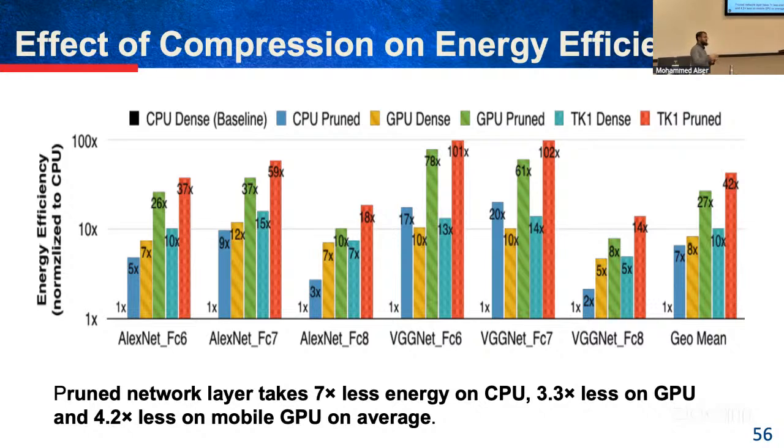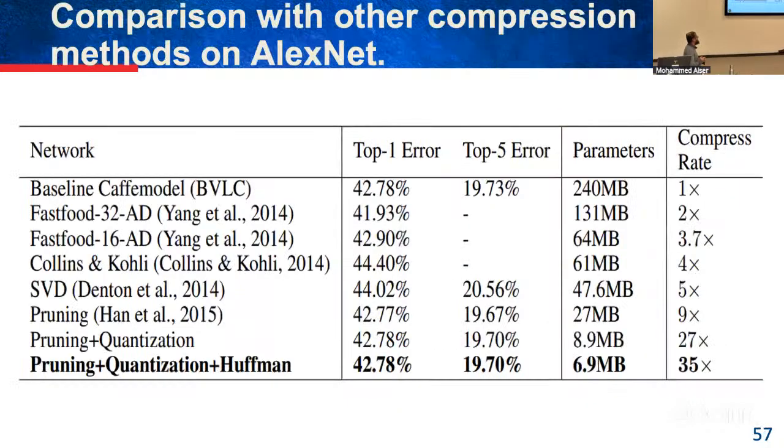That means it is very near to the CPU, and then you have some gain in energy efficiency. They mention here they get around 7 times less energy on CPU, 3.3 times less on GPU, and 2.4 times on mobile devices.